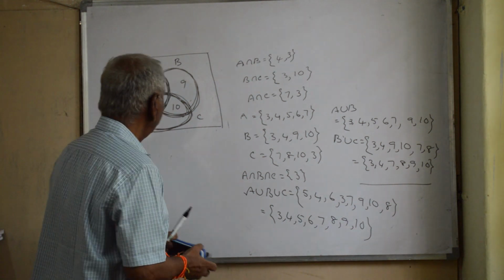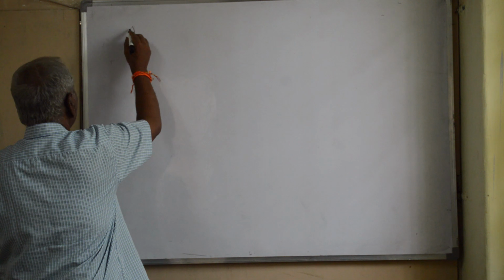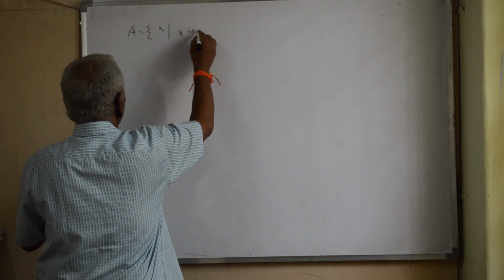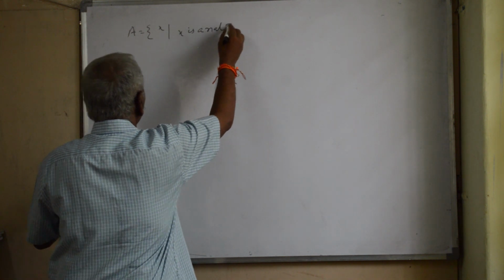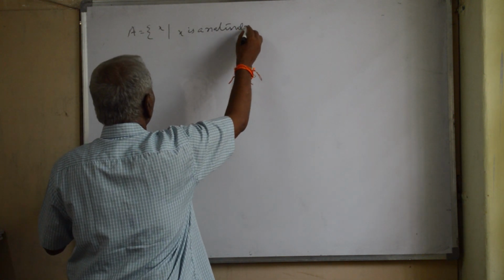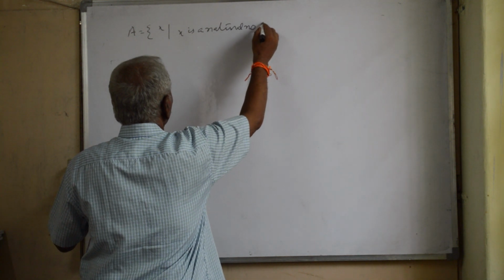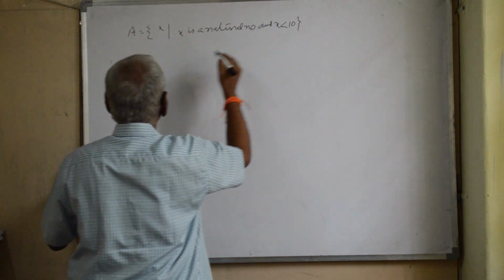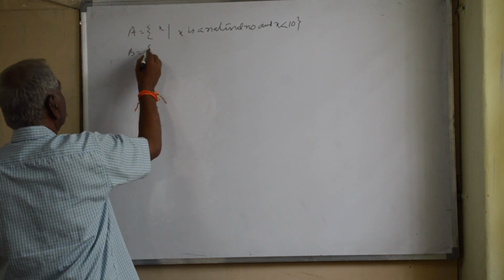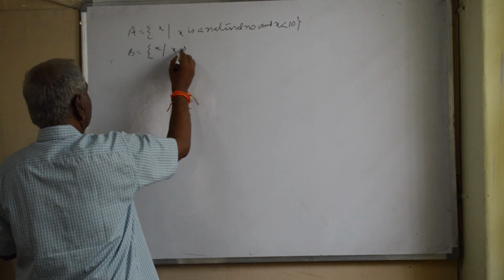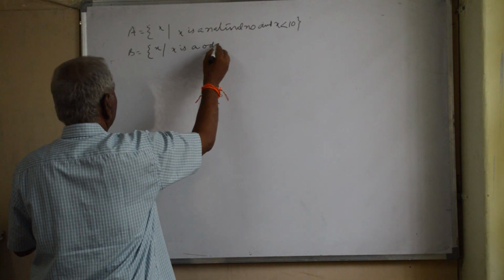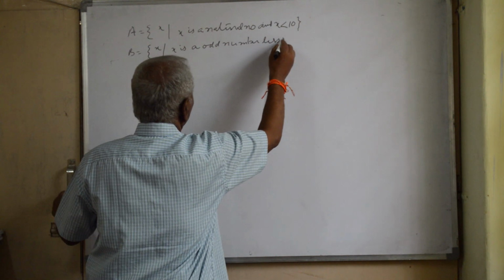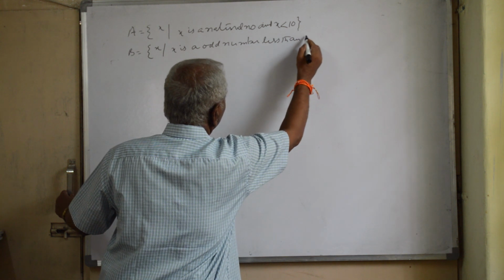Let us consider one more problem. A is the set of x such that x is a natural number and x is less than 10. B is the set of x such that x is an odd number less than 9.